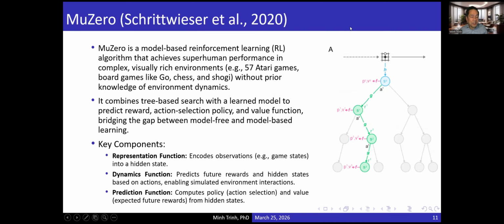So MuZero, you might be surprised to see that. This is a reinforcement learning model, but it's also a kind of world model, right? So it's trying to learn a model. Here these are games, different games, but typically Atari video games.